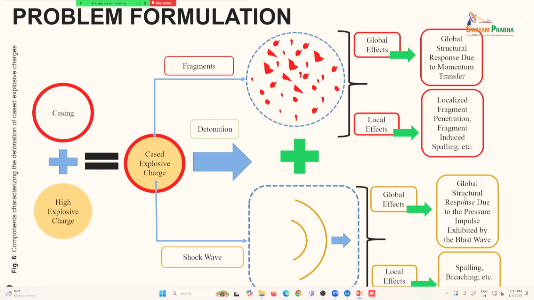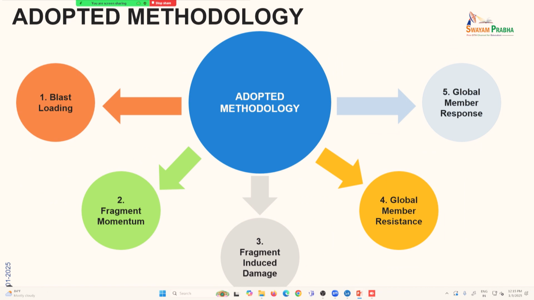Then the global effects is the structural response and we have looked at defining spalling, breaching, etc. So, the adopted methodology was loading, then determining the fragment momentum, then the damage due to the momentum and then the response due to all three effects.